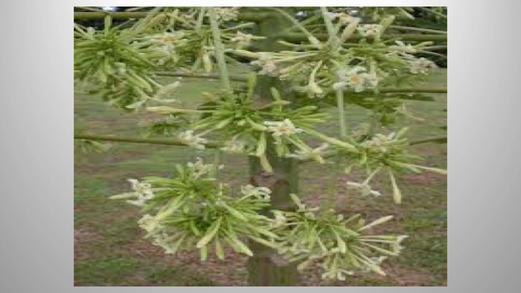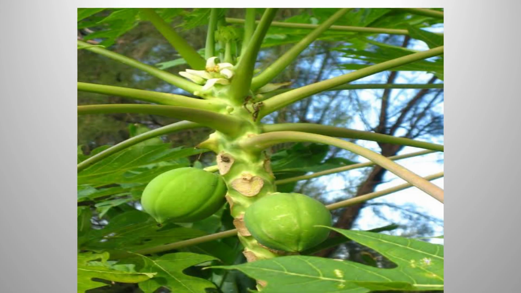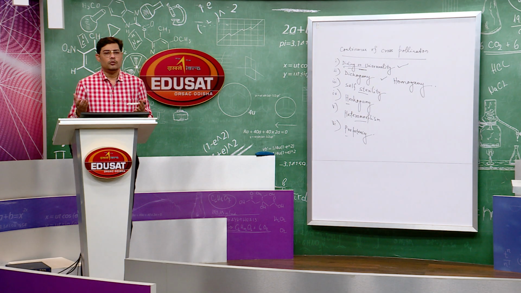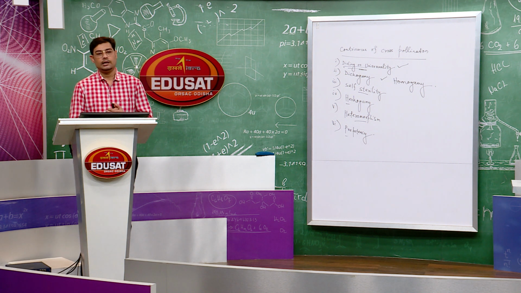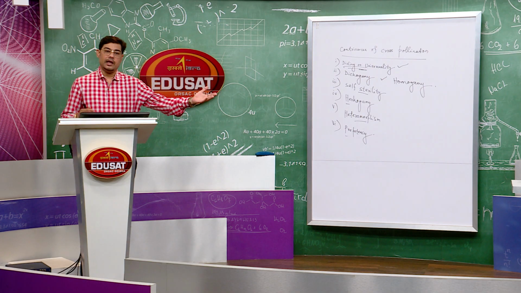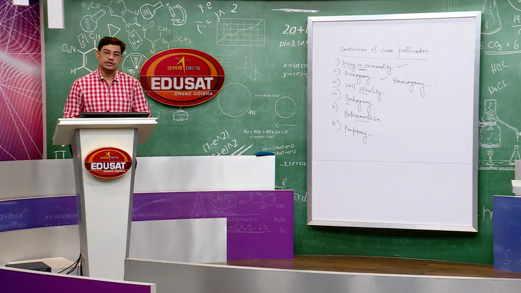Now, this is a papaya plant with only male flower. Now, this is another papaya plant with only female flower. Now, what kind of pollination is possible in case of this plant? Naturally, cross pollination, because a separate male plant and a separate female plant exist in nature.